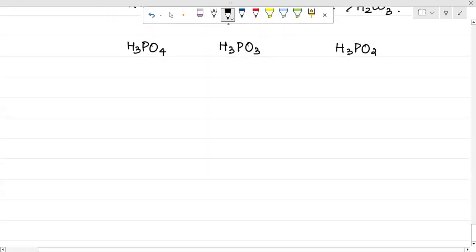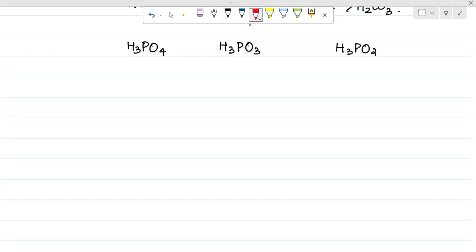So over here, if you calculate, are the oxidation states the same? No, right? +5, +3, +1.